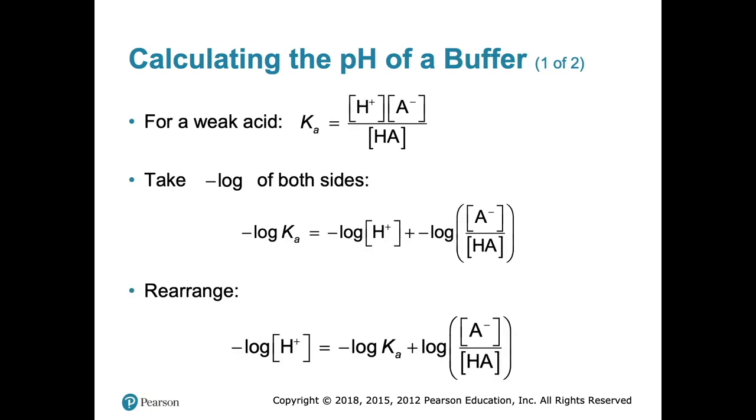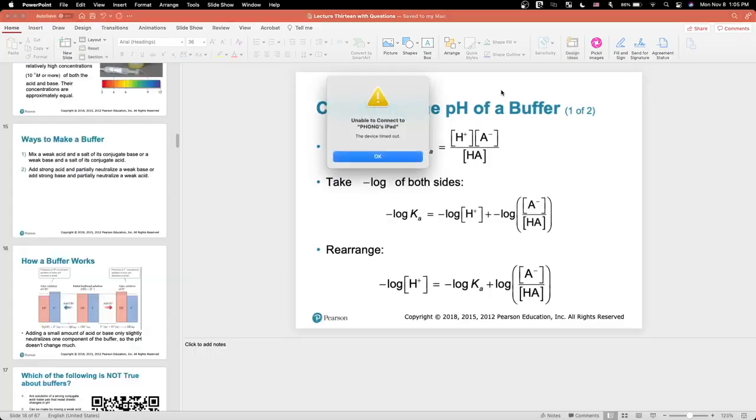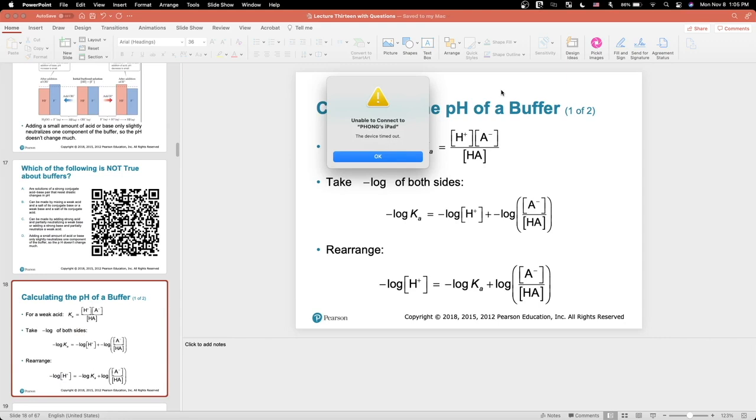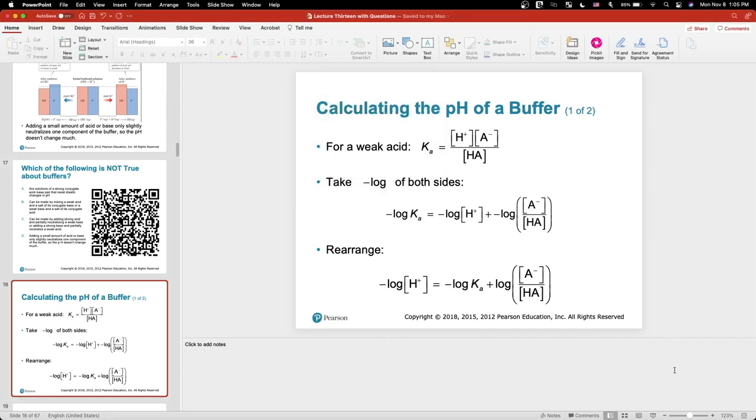Look, okay? So if pH is the negative log of the hydronium ion or the proton concentration, right? What does pH mean? What does the P mean? I'm getting really bad signal today for some reason.